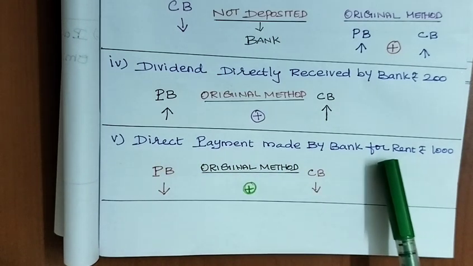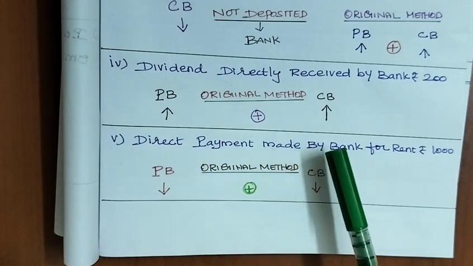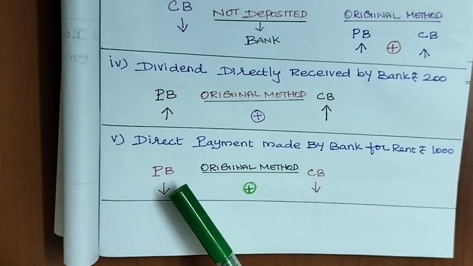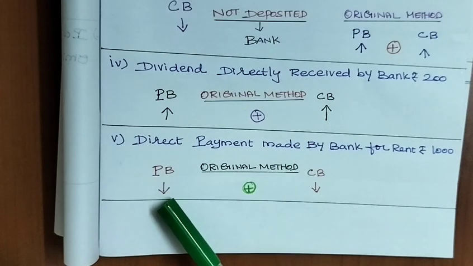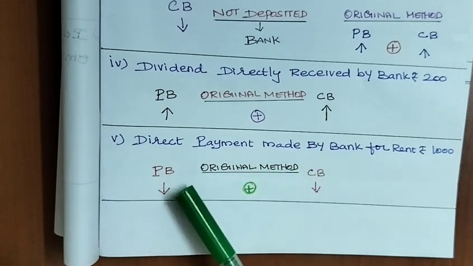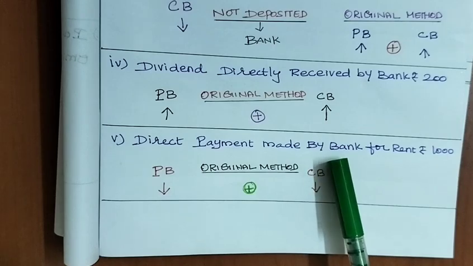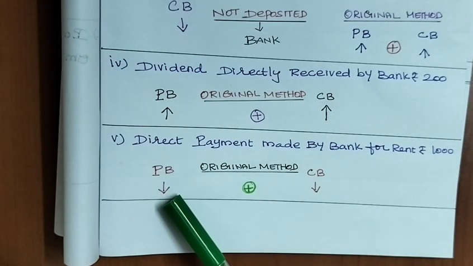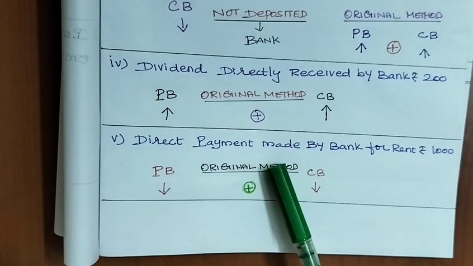Whenever the bank directly pays the rent as per the standing instruction, the passbook will be decreased, because paid means cash goes out from your bank account. So immediately your passbook will be decreased as per the original method.